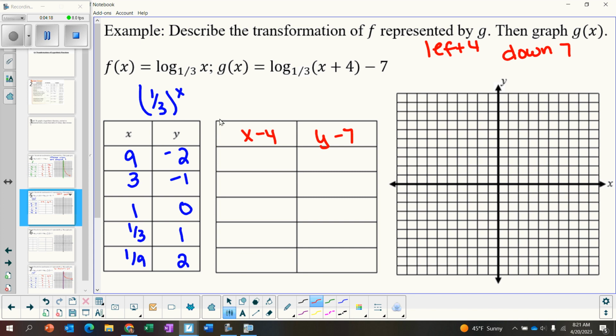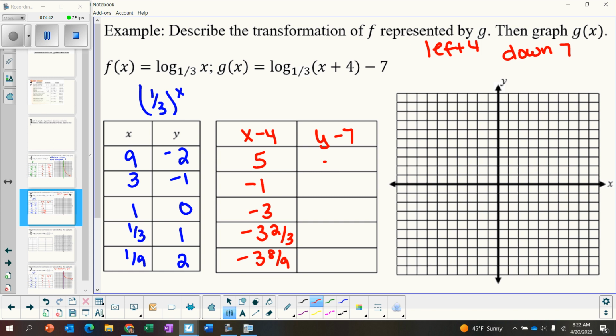So if I subtract 4 from all of these, sorry, I got distracted. Negative 3, 3 and 2/3, negative 3 and 8/9.